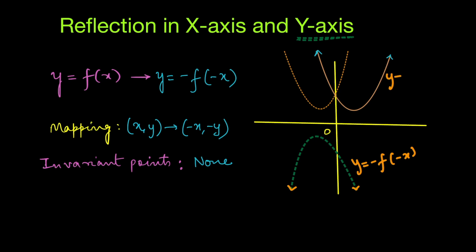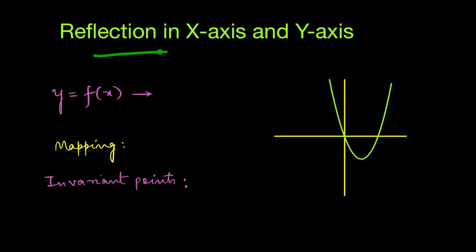So this is your y is equal to f(x) graph. So we can draw it in any order, first x-axis, then y-axis, or first y-axis and then x-axis. So it will end as the same graph. Now in this one, you can see this will be here, and the invariant point, as we discussed, will be none.